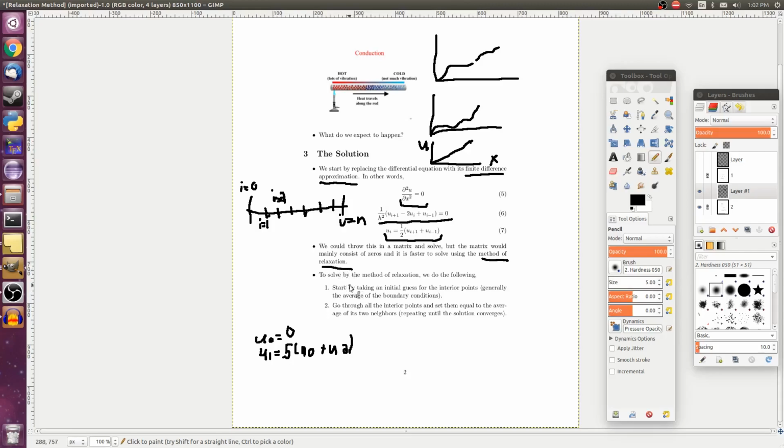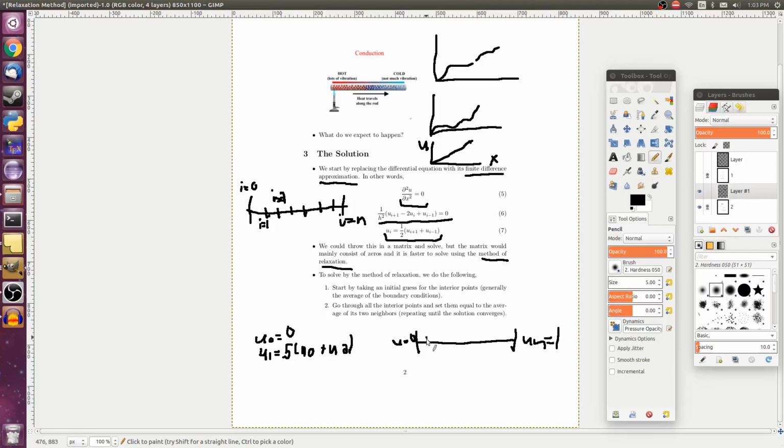And to solve something by relaxation, you basically do the following. Right here, we know what our boundary conditions are. In other words, we know U0 is equal to 0, and we know Un is equal to 1.